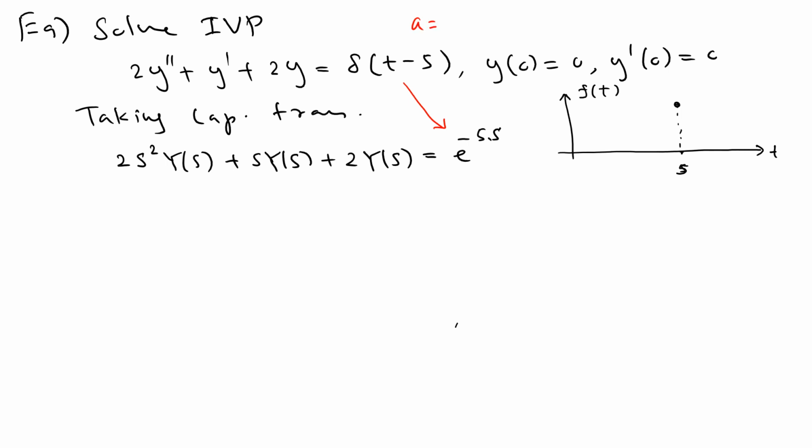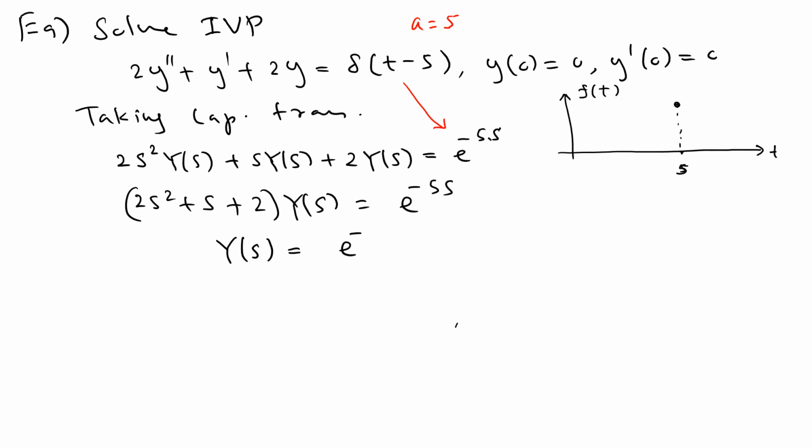Good. Now, as before, what we want to do is just solve for Y(s). So we have 2s squared plus s plus 2 times Y(s) equals e to the minus 5s, so Y(s) is e to the minus 5s divided by 2s squared plus s plus 2.